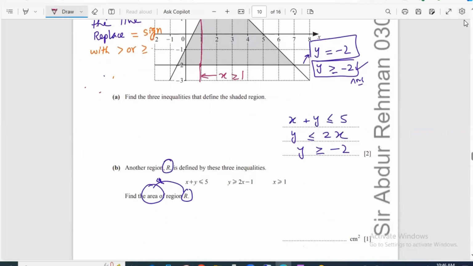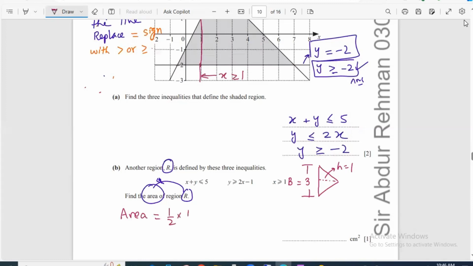Region R was a triangle, as I have drawn above, with base 3 and perpendicular height 1. So the area of region R will be half times base times height, since region R is a triangle.